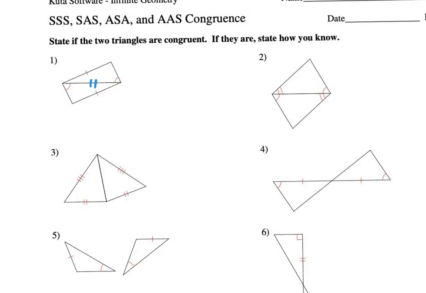That side is shared. If I were to separate those two triangles, that side would be the same on both of those triangles, right? Right now, we're trying to prove the triangle on top is congruent to the triangle on bottom, okay? So right now, do I have three pieces marked on those two triangles? Yeah, okay?